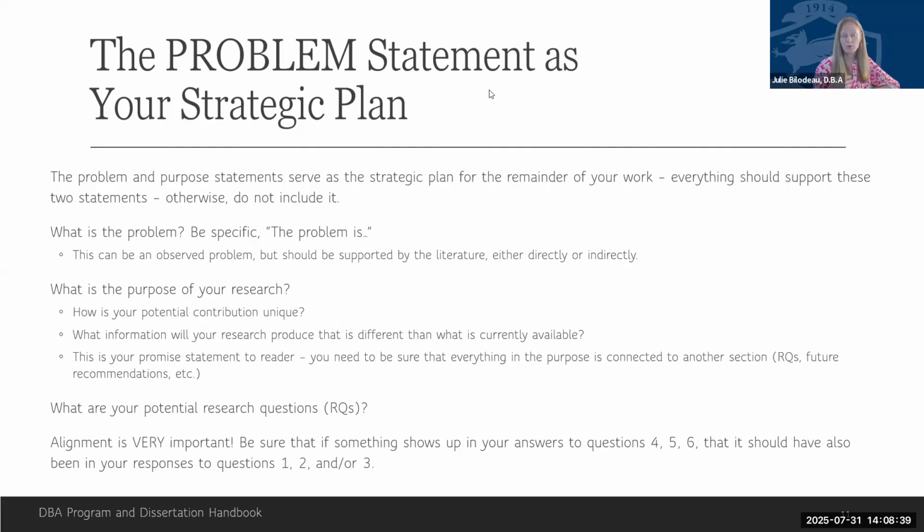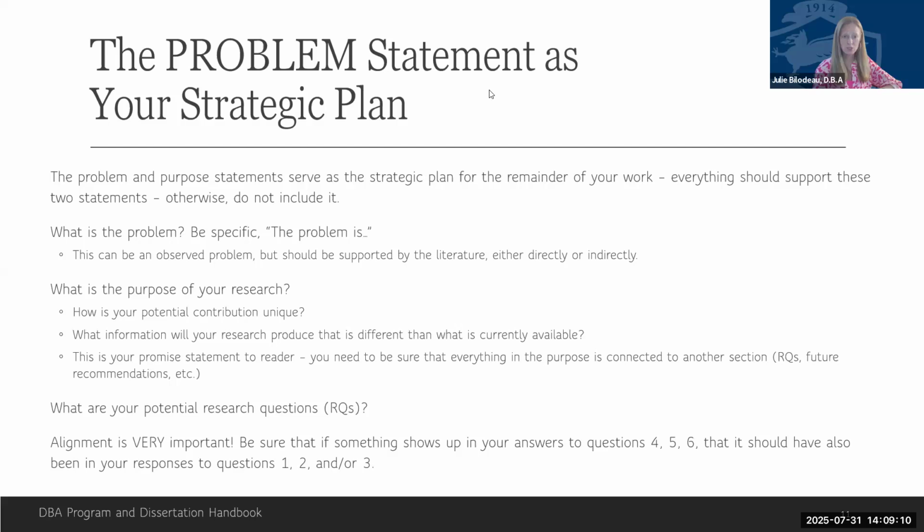So your problem and your purpose become your guiding lights, right? They become your mission and your strategic direction, basically. And again, I'm reiterating here, how did you come to this problem? Sometimes when you're stating a problem, it's obvious the way you state it in this particular section that, oh yeah, that's the problem. Sometimes it's not as obvious to the reader, or it can get lost.